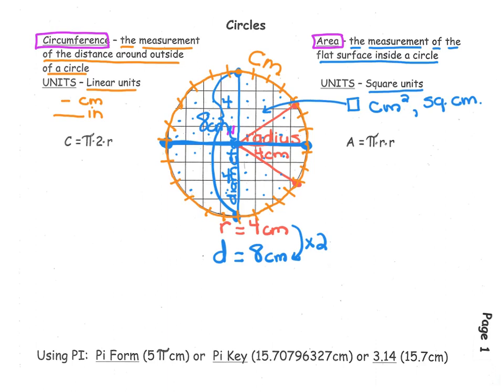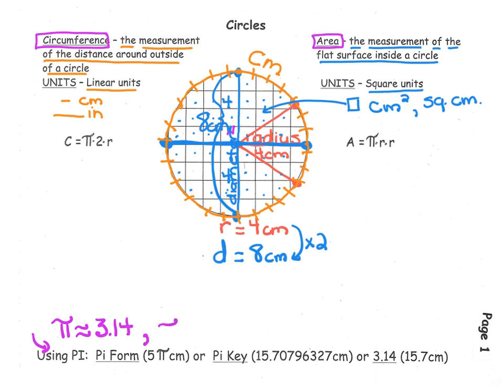Before we begin using the formulas, let's take a moment to discuss pi. Take a look at the bottom of your paper, and there's lots of different options for pi. What value do we put in? We could use the rounded version of pi, which is very common, 3.14.